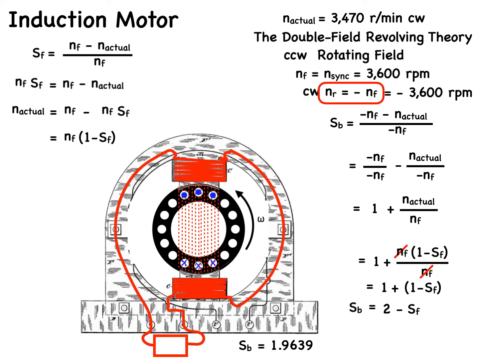We have now successfully calculated the backward slip as it relates to the forward slip. And if we plug in the forward slip that we have already calculated, 0.036, and subtract it from 2, we see that it is exactly equal to that which we calculated for the backward slip, confirming the validity of our calculations.